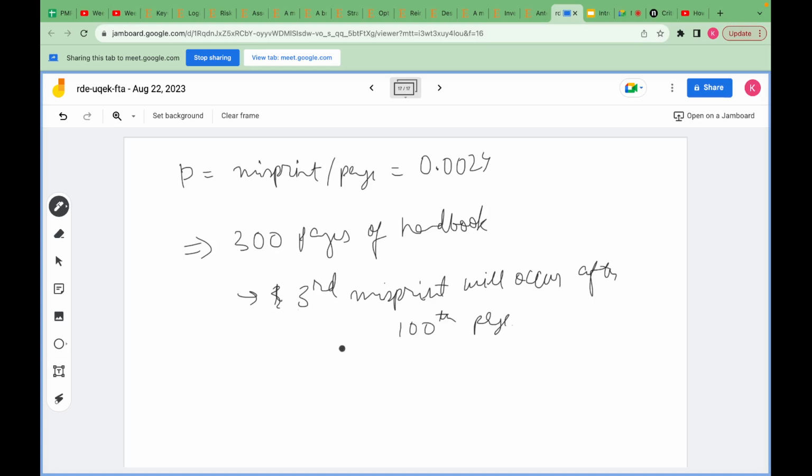So this looks like something as rth success in x trials.